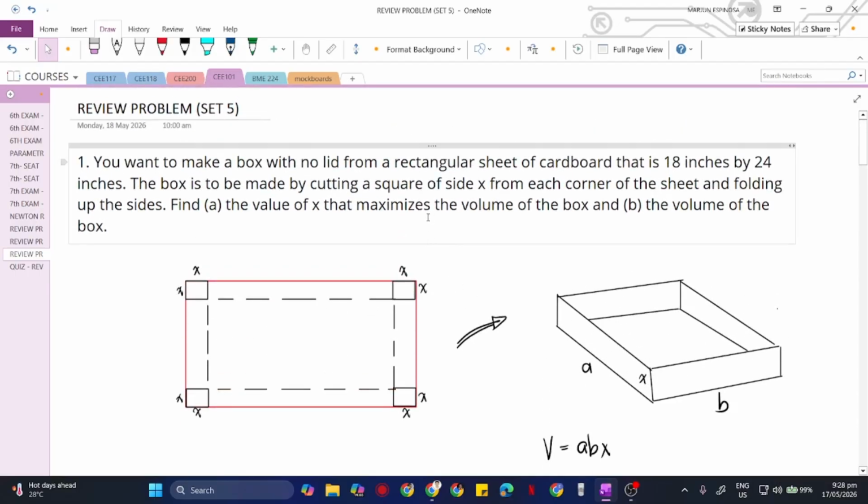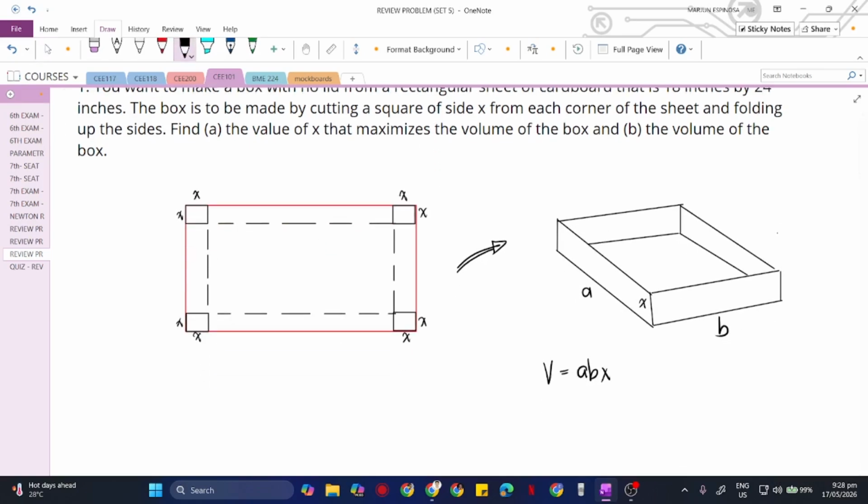It says here that initially we have a rectangular sheet of 18 inches by 24 inches. So let's say, for example, from this corner right here to this corner right here, that is 24 inches.